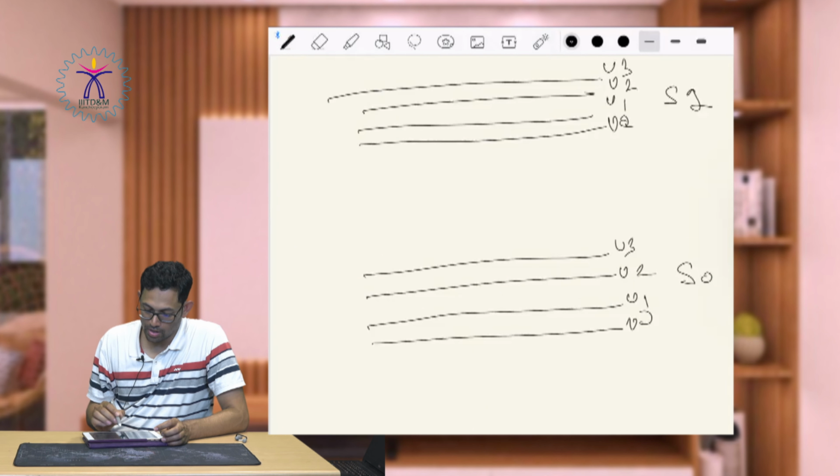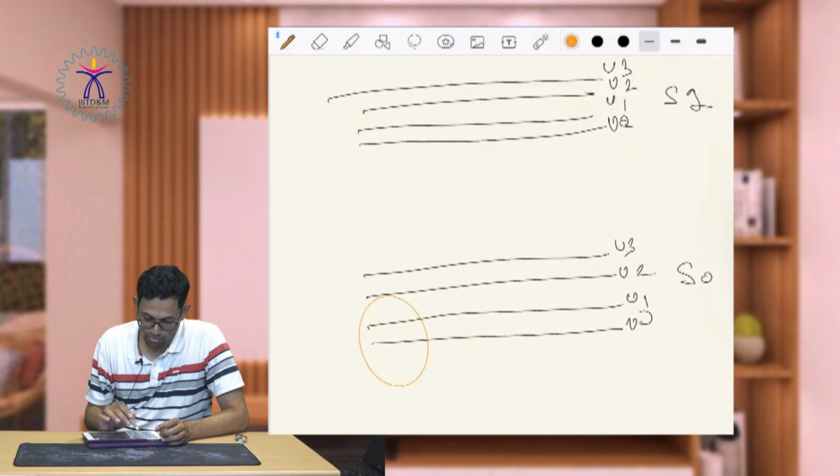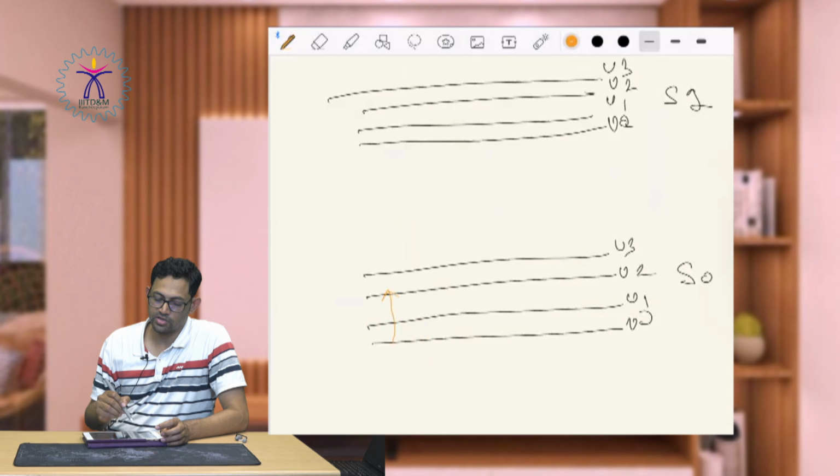Then you give a photon of energy to move from here to here, and it absorbs this much energy. This is known as infrared absorption, or vibrational spectroscopy, or infrared spectroscopy.